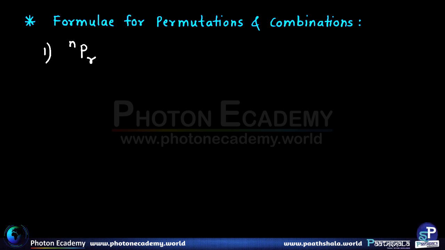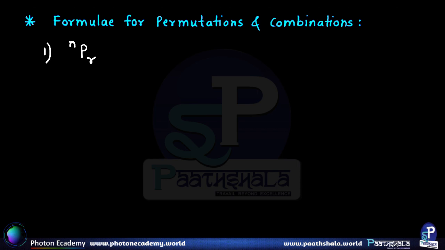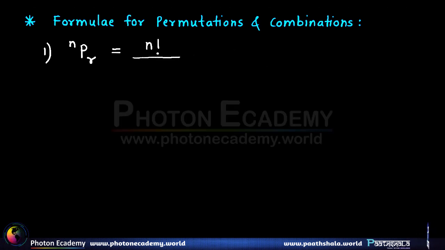So we are given n objects, out of which we are taking r at a time and arranging them in all the possible orders, and we want to know how many such arrangements are possible. That is denoted by nPr, and it is given by n factorial upon (n minus r) the whole factorial. It goes without saying that r has to be less than or equal to n.